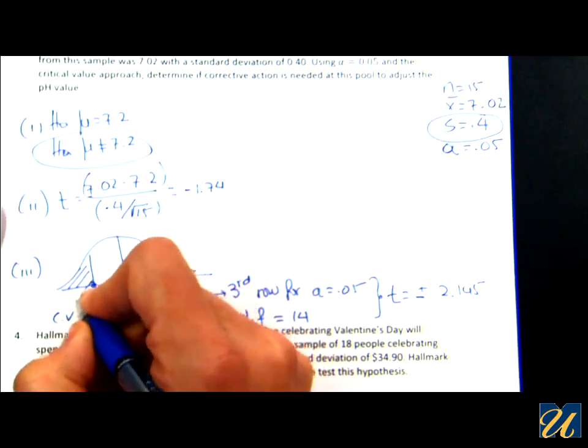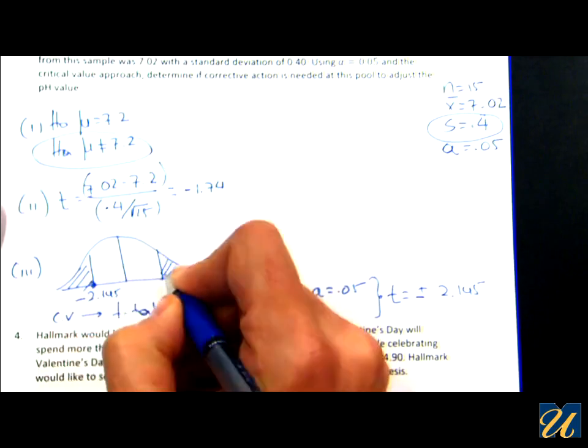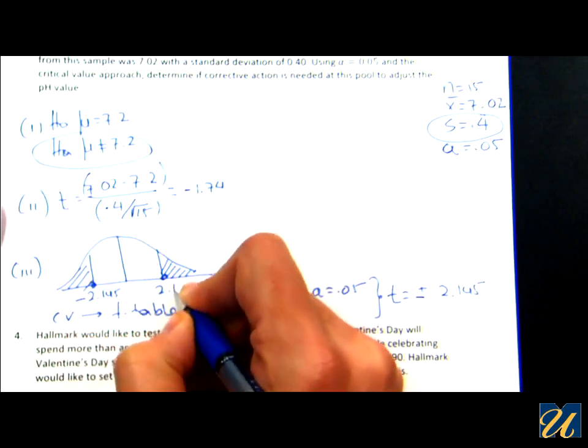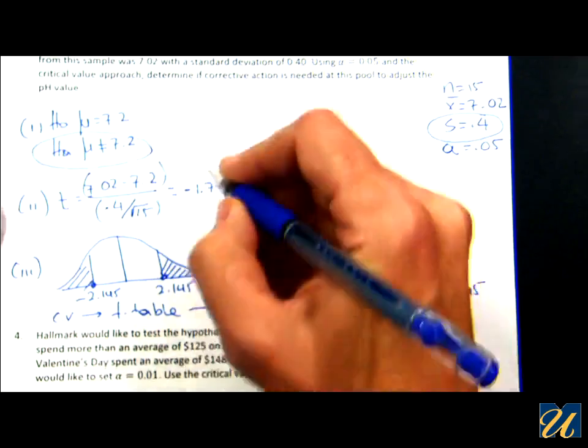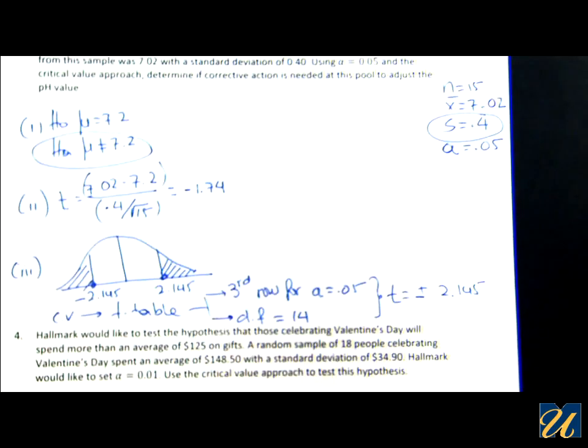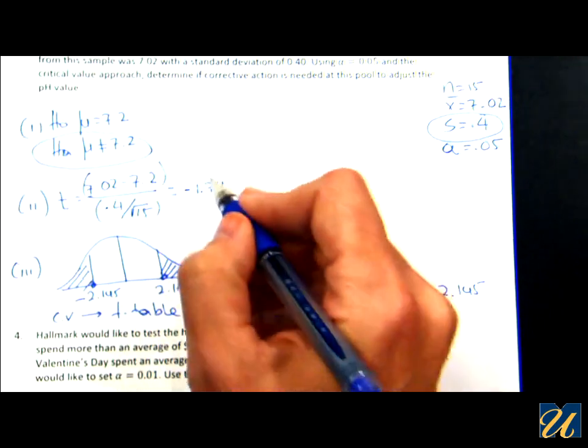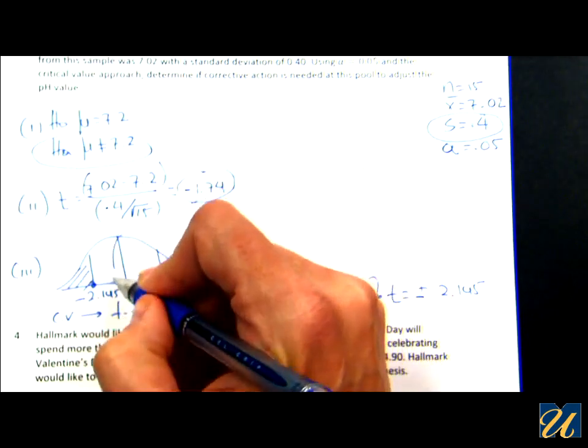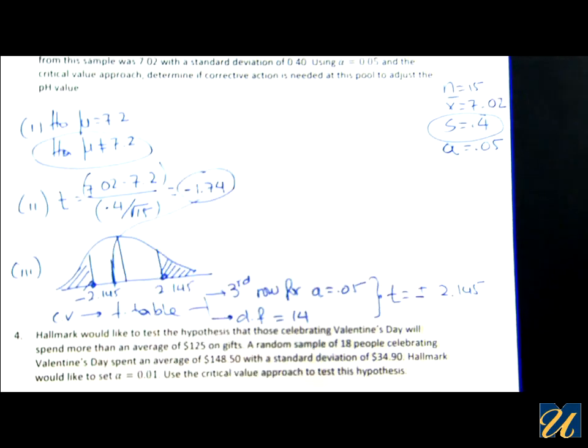So this is going to be negative 2.145. This is going to be positive 2.145. So negative 1.74, your test statistic, falls outside the rejection area, somewhere over there.